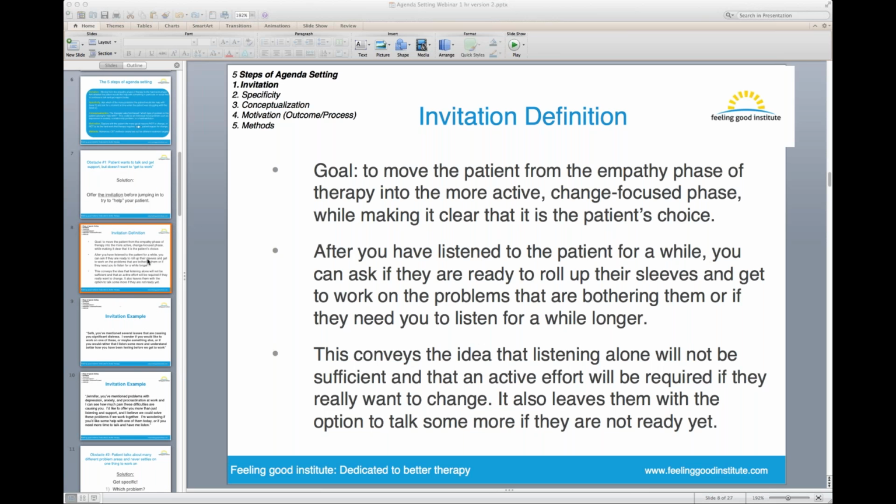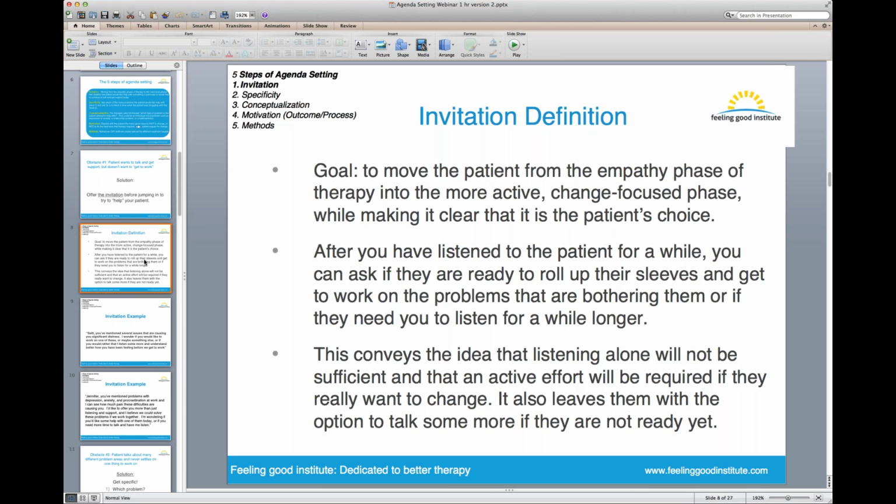Okay, so let's talk about what the invitation is. The goal of the invitation step is to move the patient from empathy toward change, but also making it clear that it's the patient's choice, so you don't end up getting yes-butting or resistance from the patient. So after you've listened to the patient for a while, you can ask them if they're ready to roll up their sleeves and get to work on the problems that are bothering them, or if they feel like they need you to listen for a little while longer.